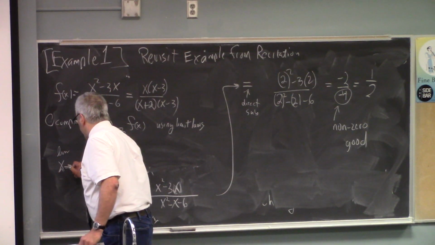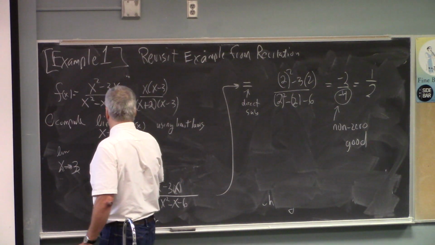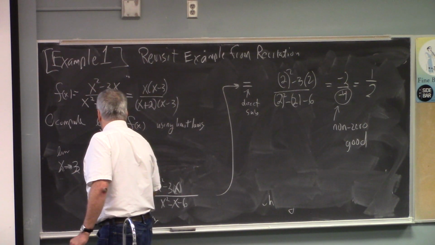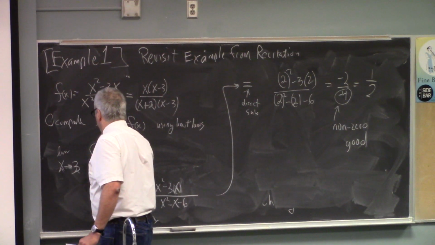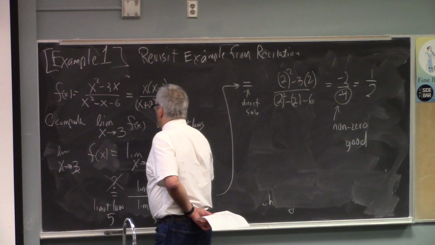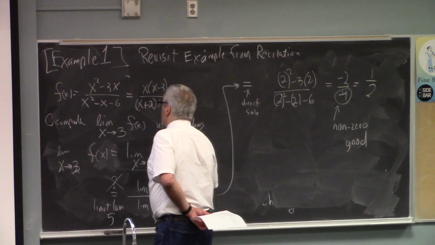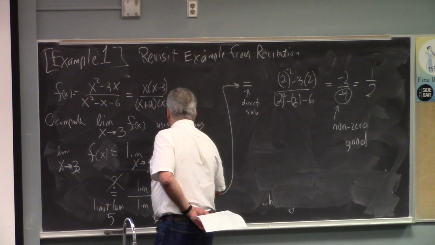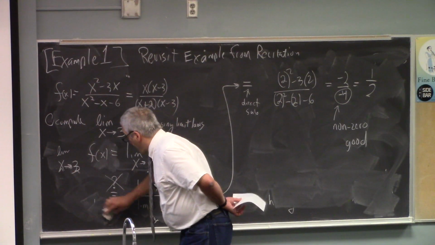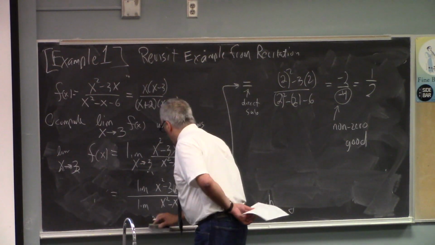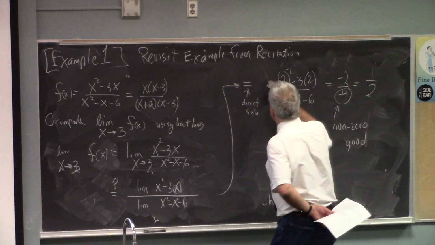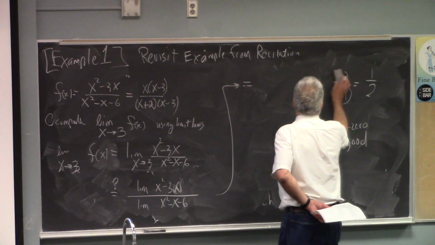Limit as x approaches 3 of f of x is the limit as x approaches 3 of x squared minus 3x over x squared minus x minus 6. Now, we're starting a new problem here. So we've got a question mark here. Can we do the limit by taking the limit of the numerator and taking the limit of the denominator? Well, let's see how that would look.